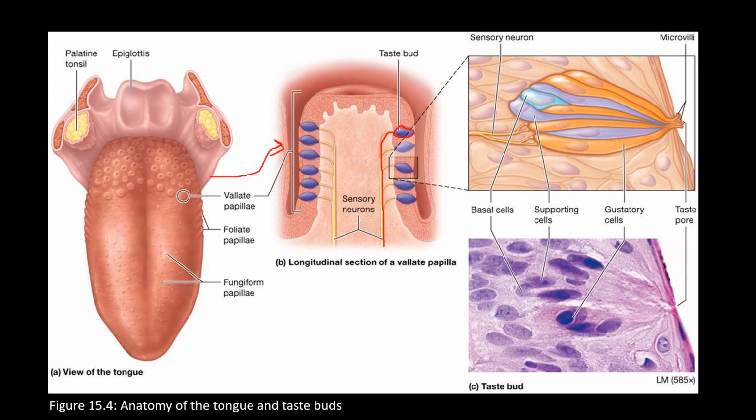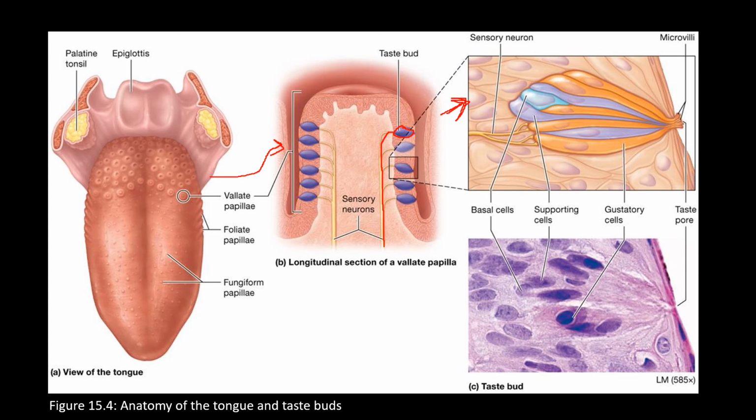And if we zoom in even more, you have the structure of a particular taste bud right here. And these generally contain 3 types of cells. They have gustatory cells. These are taste cells. These are the specialized epithelial cells with microvilli that contain receptors detecting different taste chemicals.